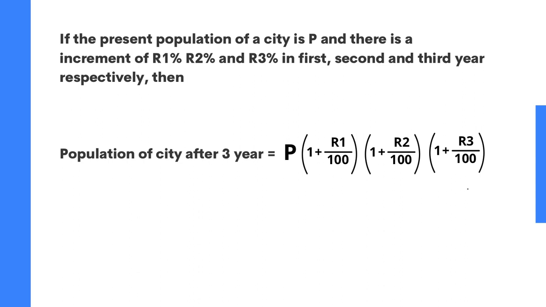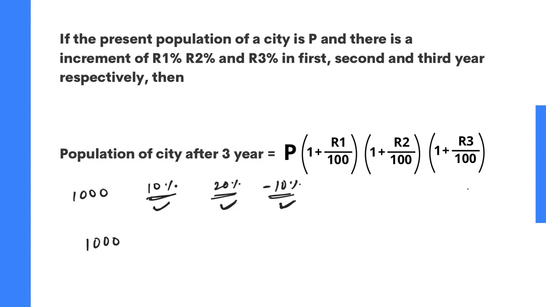Suppose population of a city is 1000, and in 1 year the increase is 10%, and in second year the increase in population is 20%, and in third year decrement in the population is 10%. So rate is different. Here increment 10%, here increment 20%, here decrement 10%, or you can say decrement 20%, any you can take. So what can I do?